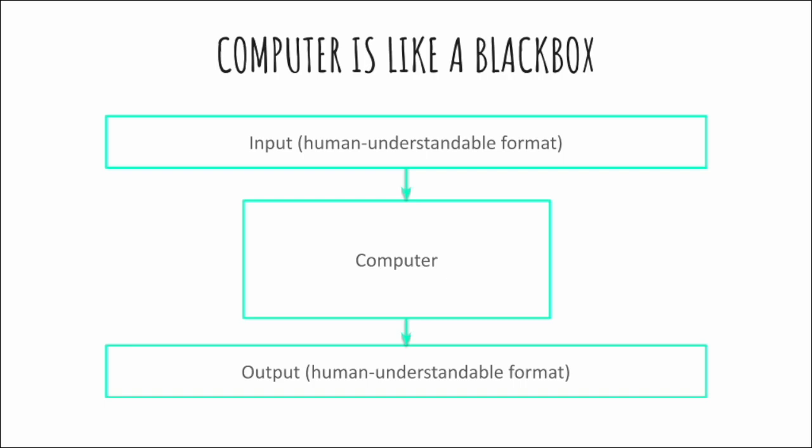If it is your mobile screen, it needs to display that web page in one way. If it is a desktop, it needs to display that web page in another way. So it's doing a lot of processing as to how to display this web page. All that is a black box to you. You don't know what it is doing. You are giving an input, you are getting an output.